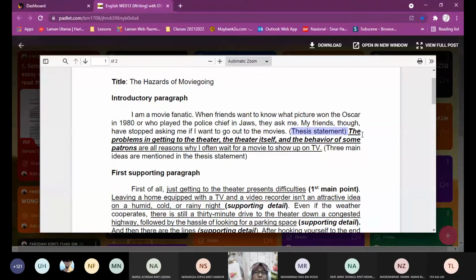Here you can see the problems in getting to the theatre itself, and the behavior of some patrons. These are the 3 points, all reasons. This person is going to write about the reasons for this topic, the hazards of movie going. Do you understand so far about the thesis statement?